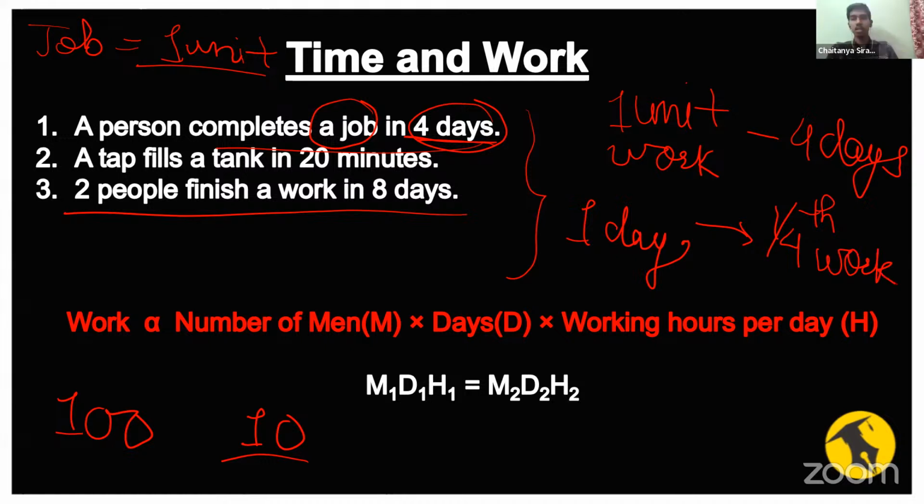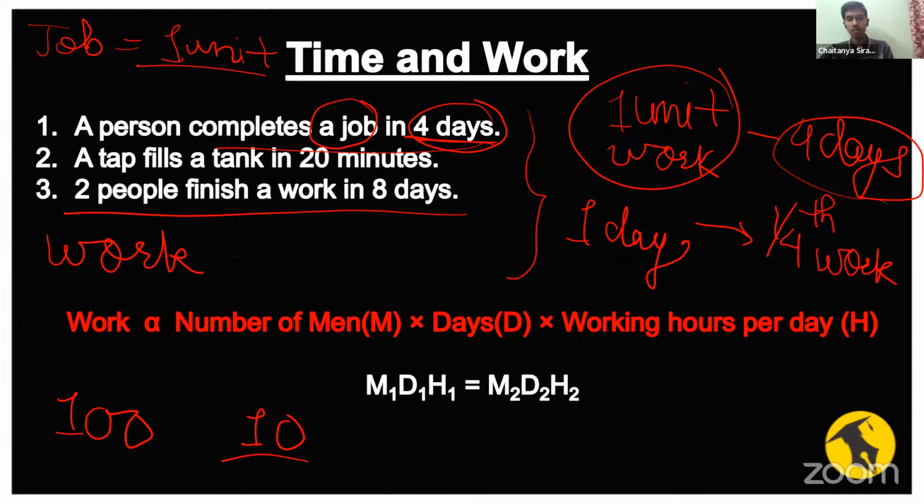So when it comes to various sums, we won't be able to compare between units, neither between the days. What we can compare is work per day. Work per day is basically your efficiency. Now, a person A who is very skilled can do maybe half of the work in one day, while some other person, person B, who is not very skilled and trained, will do only 1/4 of the job in one day.